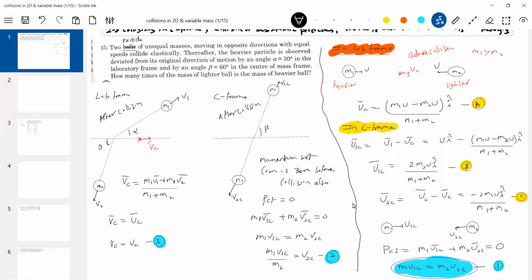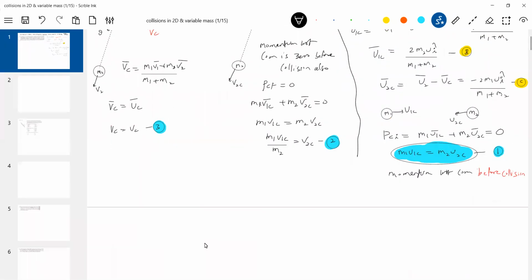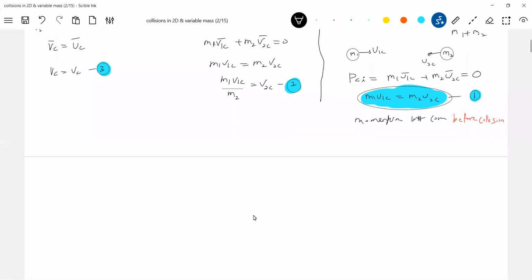I'll scroll down. So looking at the after collision information, next part of the problem. I will draw the diagram like this. Can I combine? This was the initial.